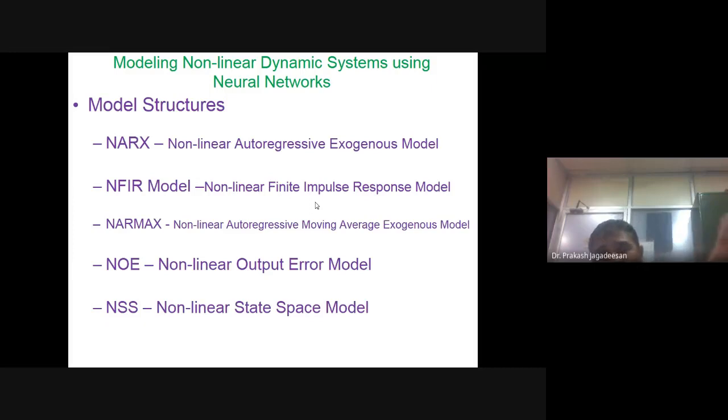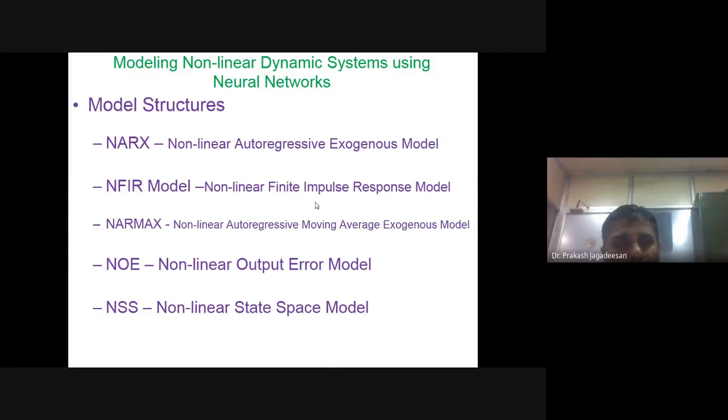Then how to represent those model structures using neural networks is what I'm going to present. With that, I'll wind up. These are the nonlinear model structures: NARX, NFIR, NARMAX, NOE, NSS. These are input-output model structures and state space model structures.